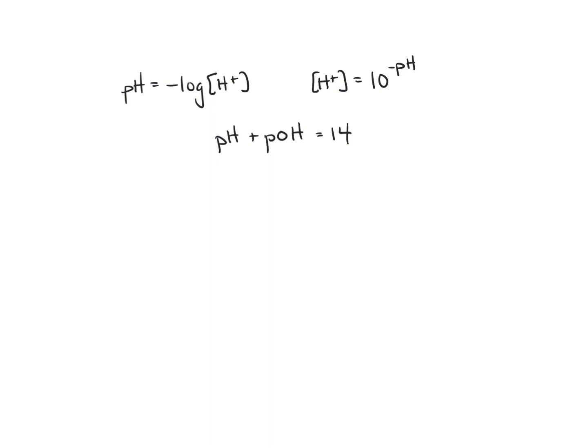Then we can go to pOH, and pOH is equal to the negative log of the concentration of OH minus. And if we're given the pOH, the concentration of OH minus is 10 to the negative pOH. These are all the equations that you're going to need to be able to solve these problems. So let's look at an example.